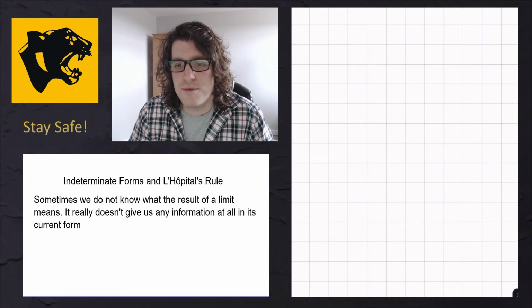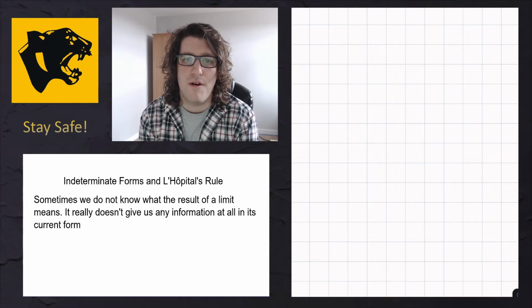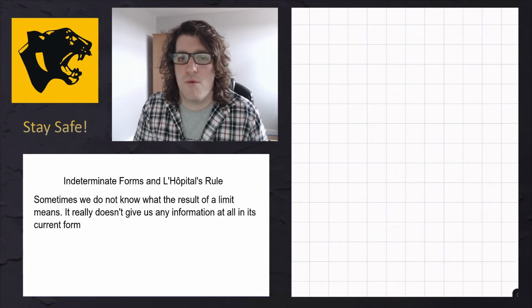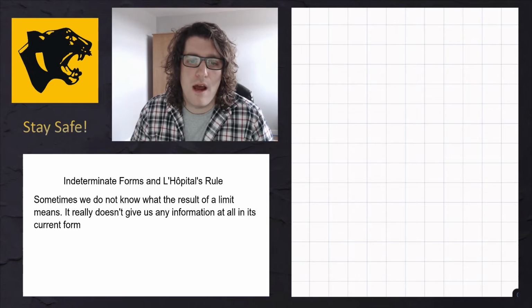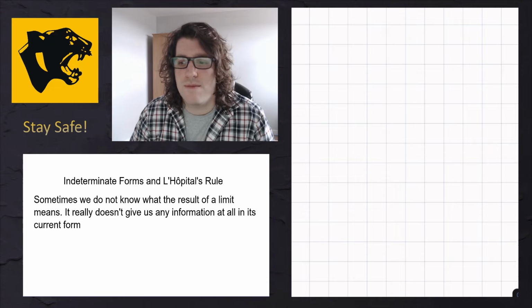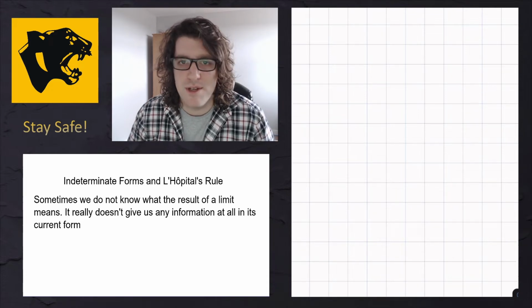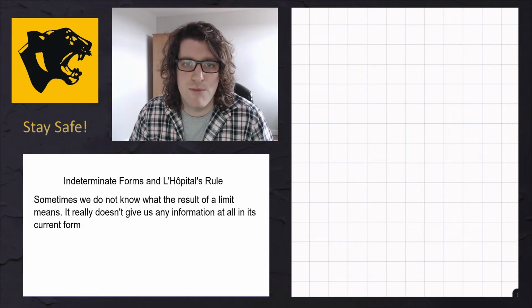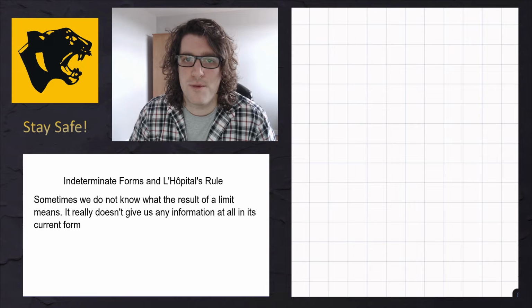L'Hopital's rule is a convenient alternative method of evaluating limits that works in particular cases. We'll talk about those cases in a moment. But for the meantime, the problem with limits is that sometimes when we put the values into the limit to see what it's giving us, we get something known as an indeterminate form.